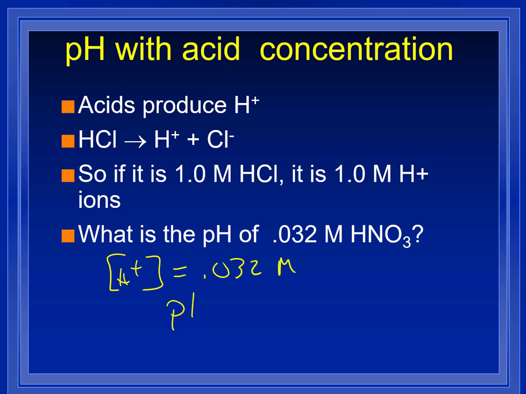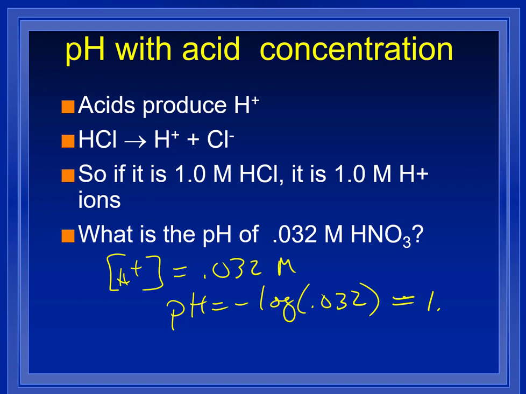So my pH is the negative log of 0.032, and that is 1 point, how many sig figs? 0.032 has 2 sig figs, so I need 2 sig figs in my answer.